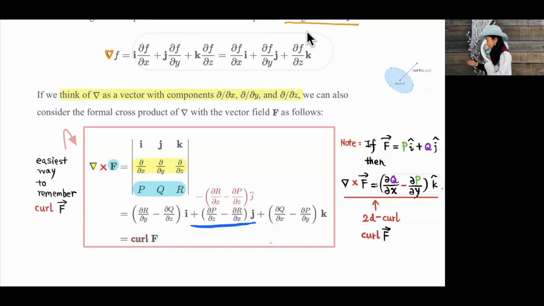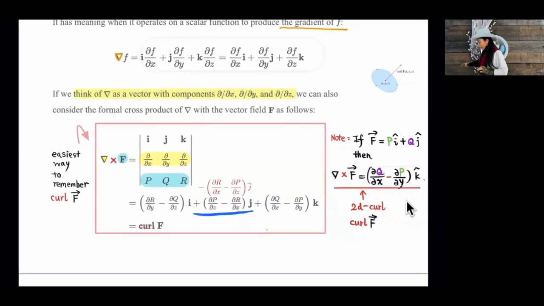So this is the 2D curl. When the vector field has only two components, the i and j component, the third component is equal to 0.